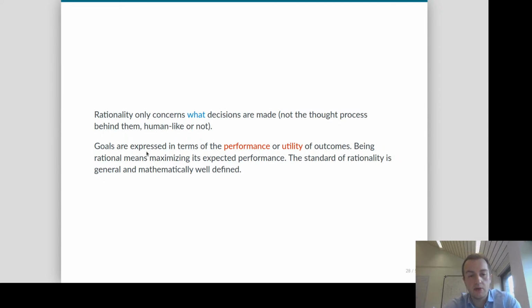And then the goals will be expressed in terms of the performance or utility of the outcome. We'll say that we are rational when we try to maximize this expected performance or this expected utility. And this is nice because you will see that we can formalize rationality very generally and very formally in mathematical terms.